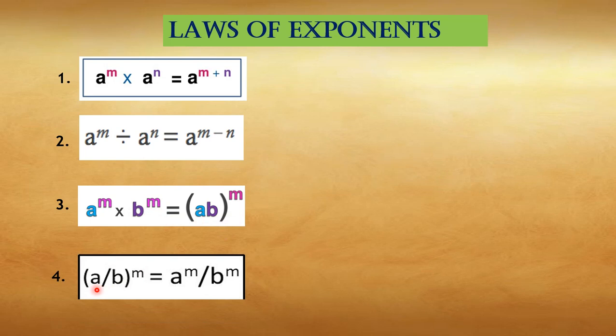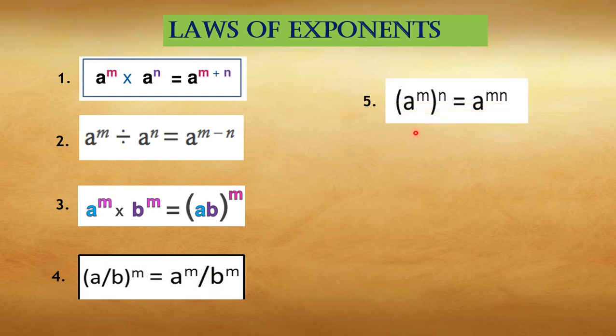Similarly, when two numbers with the same exponents are divided, a upon b whole raised to the power m is a raised to the power m upon b raised to the power m.